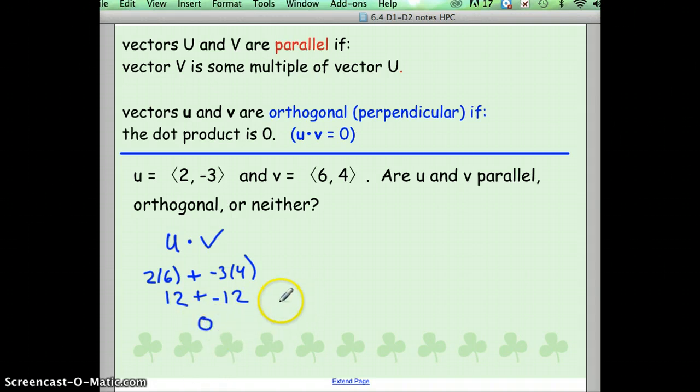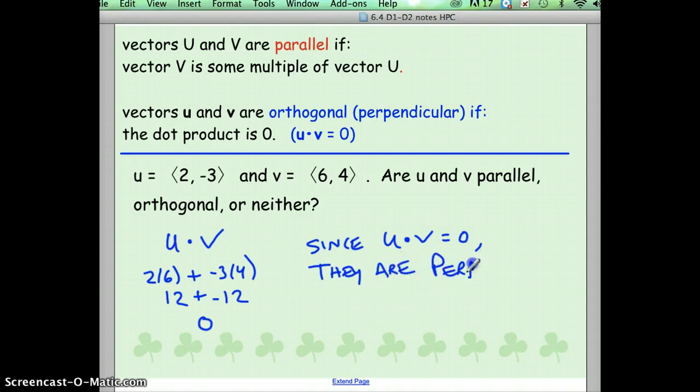So since the dot product was 0, they are perpendicular. Perpendicular means they hit at a right angle.